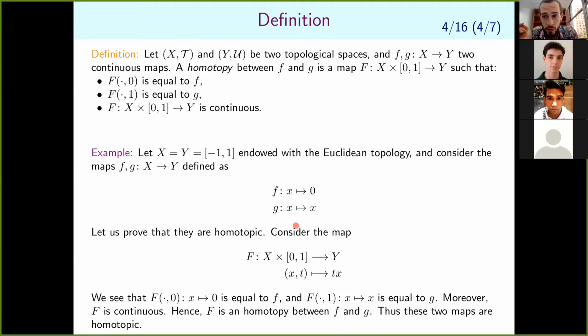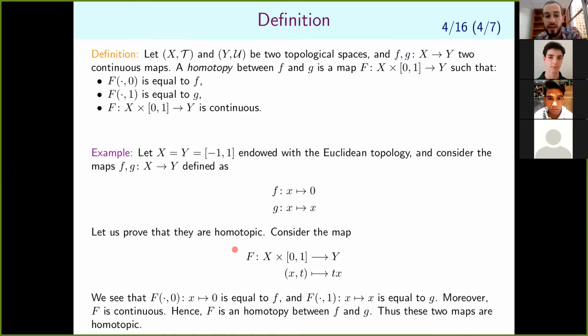So if I want to do so, I have to find a homotopy between them. I have to find a map. I extend the first space X with the interval [0,1], and can do something like that. To every point in X times [0,1], I define big F of (x,t) to be t times x.